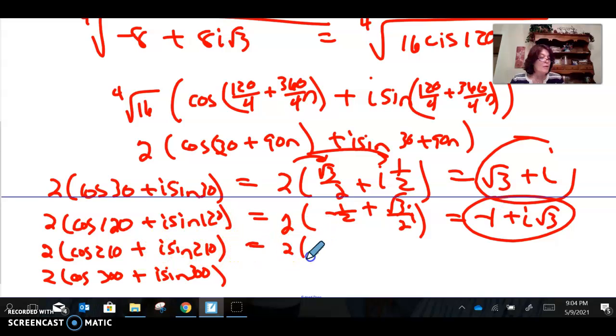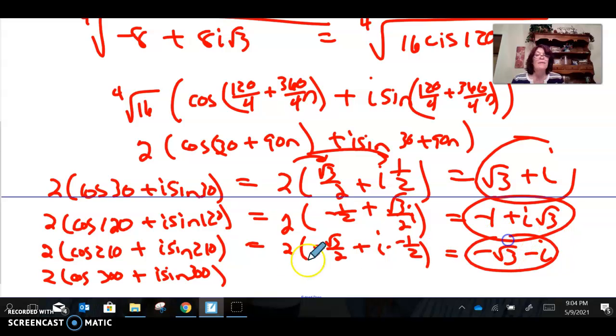Cosine of 210 degrees. I'm in the third quadrant, so that's negative square root of 3 over 2, plus i sine of 210, which is negative as well, negative a half. Take my 2 through, I get negative square root of 3 minus i.